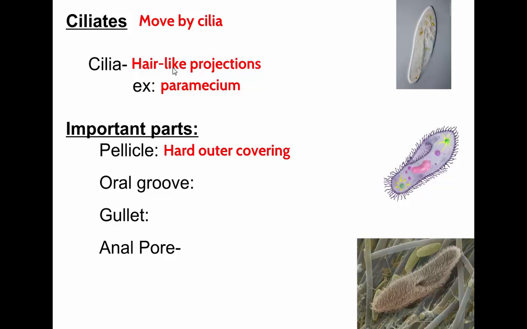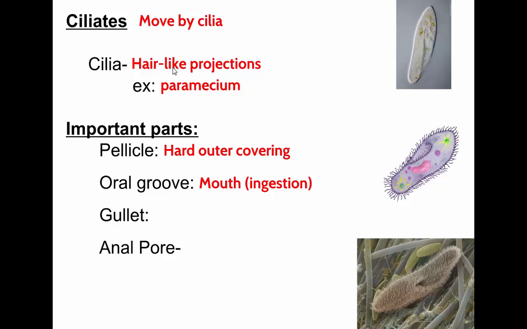And because it has this shell around it, this pellicle, it can't engulf its food like the amoeba did. Instead, it has a special organelle, a special structure called the oral groove. That is sort of like the mouth of the paramecium.